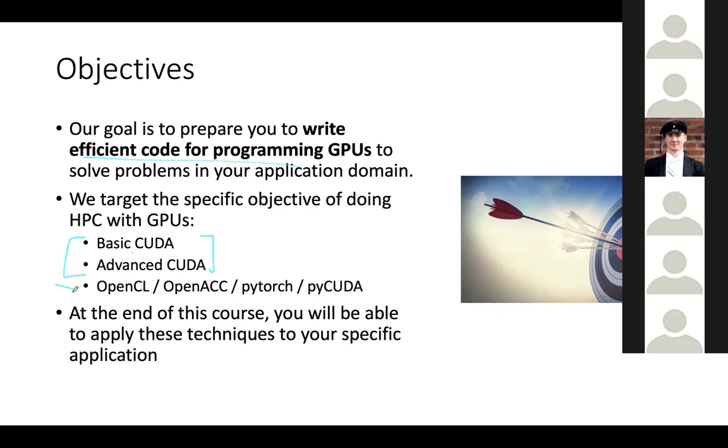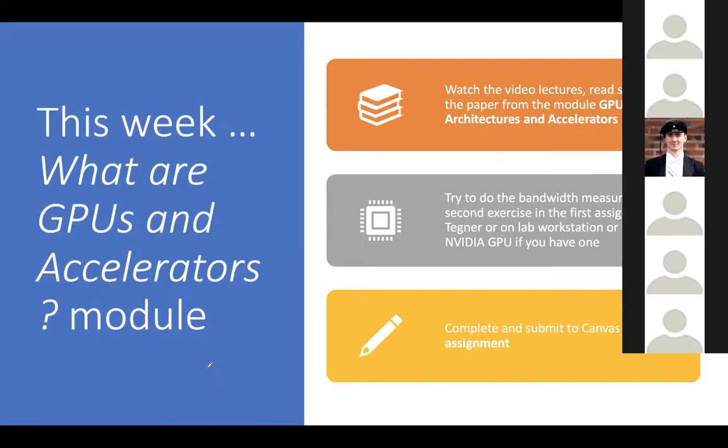And then we're going to look at other programming environments for GPU like OpenCL, OpenACC, PyTorch, PyCUDA. And then at the end of this course, you'll be able to apply all these techniques to your own problems. So these are just my motivational slides for the course.